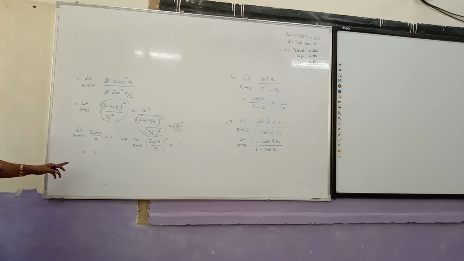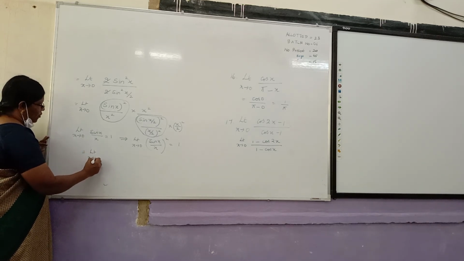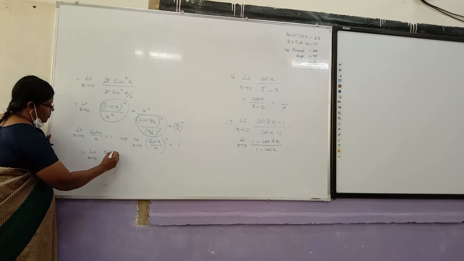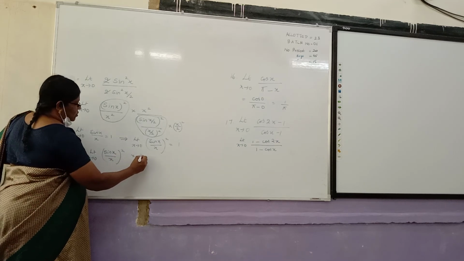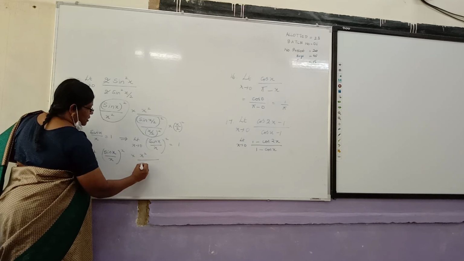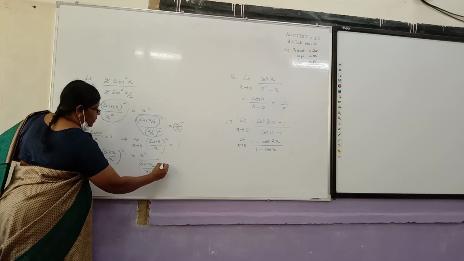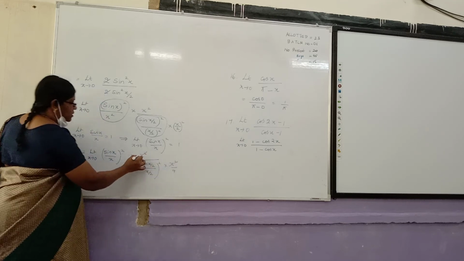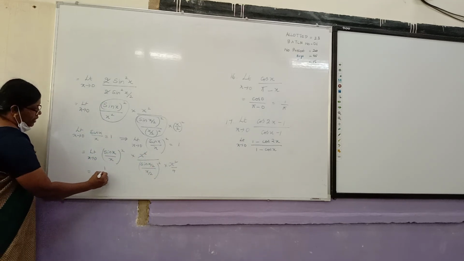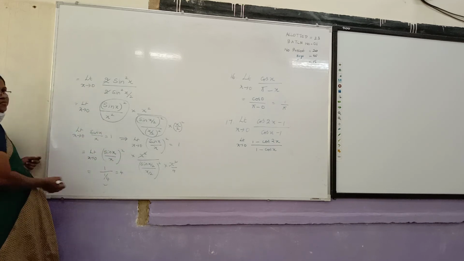See, limit x tends to 0 of sin x by x the whole square into x square by sin x by 2 by x by 2 the whole square into x square by 4. Okay, cancel. So the answer is 1 by 4. The answer is 4.